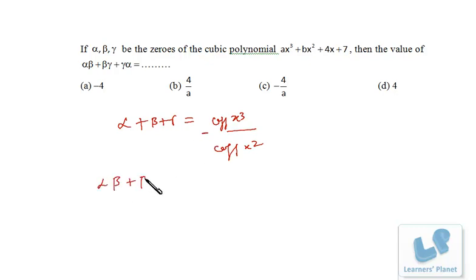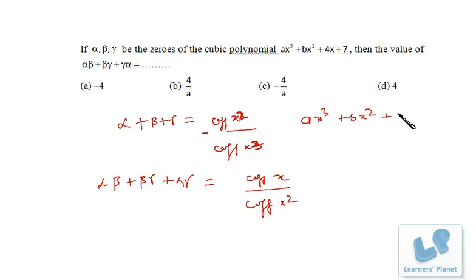Alpha beta plus beta gamma plus alpha gamma is the coefficient of x by coefficient of x cube, right? So if the standard format is ax cube plus bx square plus cx plus d, it's minus b by a and it's c by a, right?